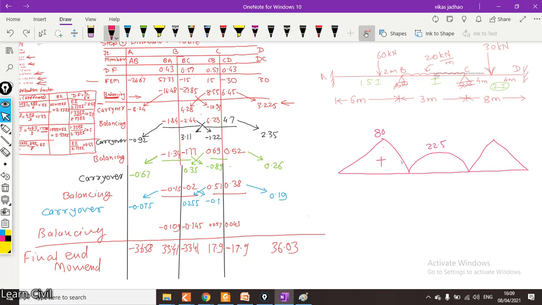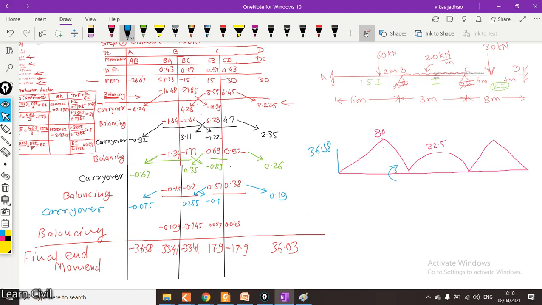Now you have to draw the fixed end moments. You can see here for AB, the fixed end moment is minus 36.58. So draw here 36.58 on this face, because it is a minus. Then for BA, you can see here the moment is plus 33.41.